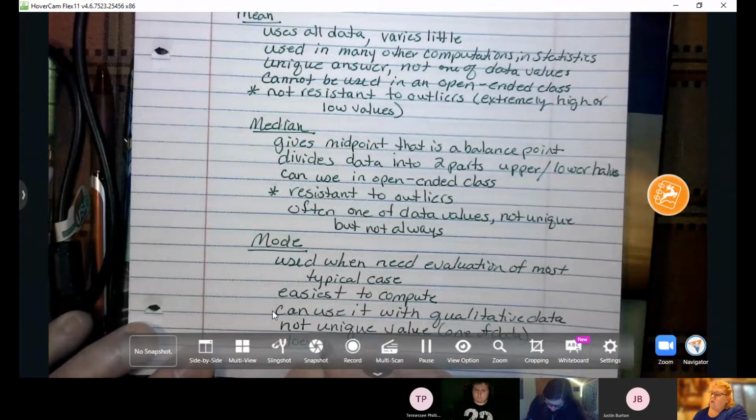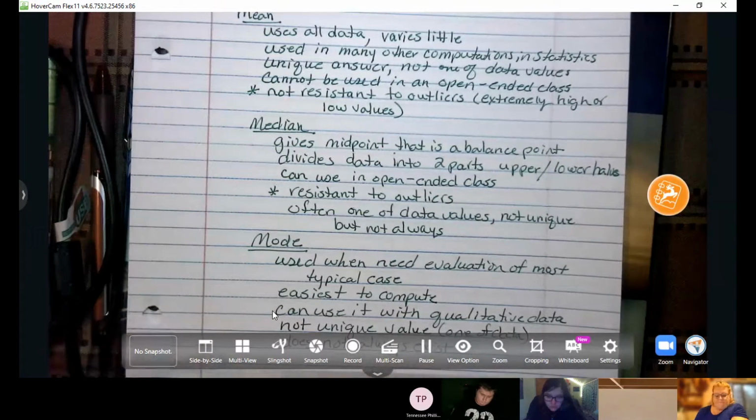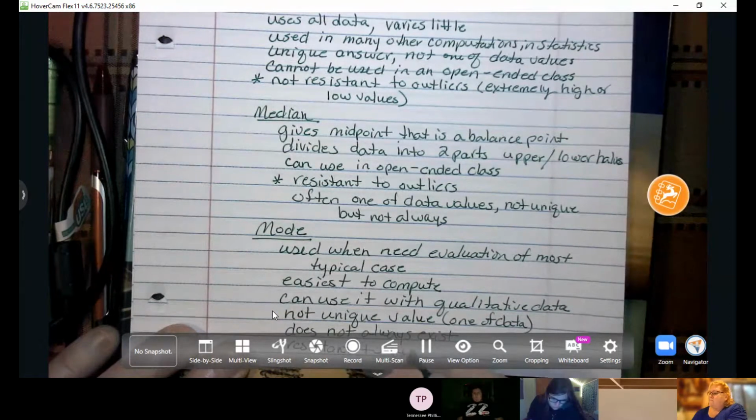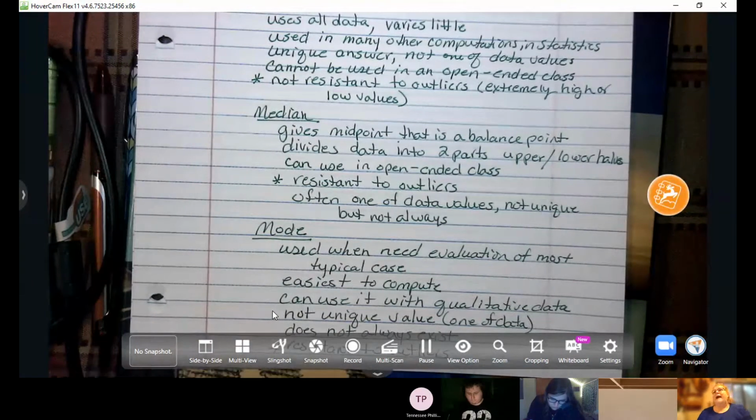But it does not always exist. It is resistant to outliers.